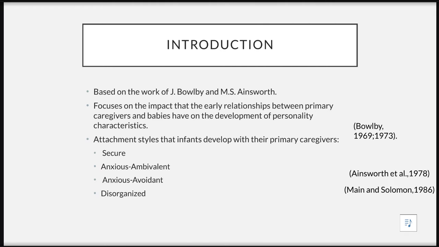The bond that develops between a baby and his or her primary caregiver fosters the development of an internal working model of the self in relation to others and orientation to the outside world, which is defined as attachment styles. There are four types of attachment styles: secure, anxious ambivalent, anxious avoidant, and disorganized.